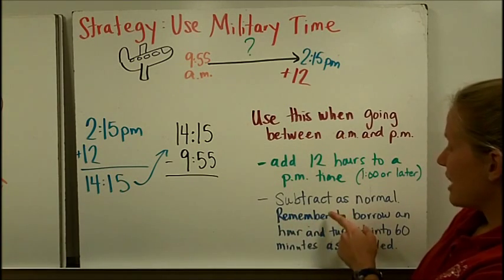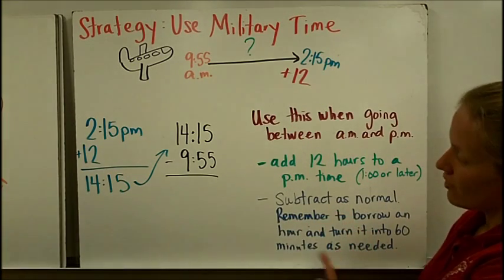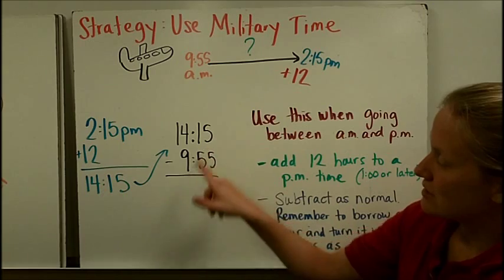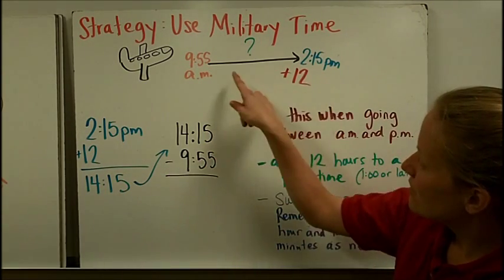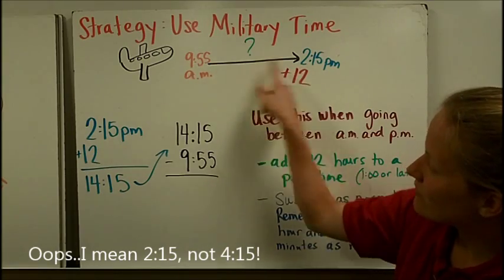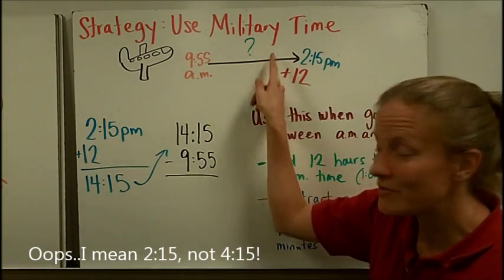Now I'm going to subtract as normal and remember to borrow by turning my hours into 60 minutes. So I'm going to subtract the 14:15 minus 9:55, and that'll tell me the elapsed time there.